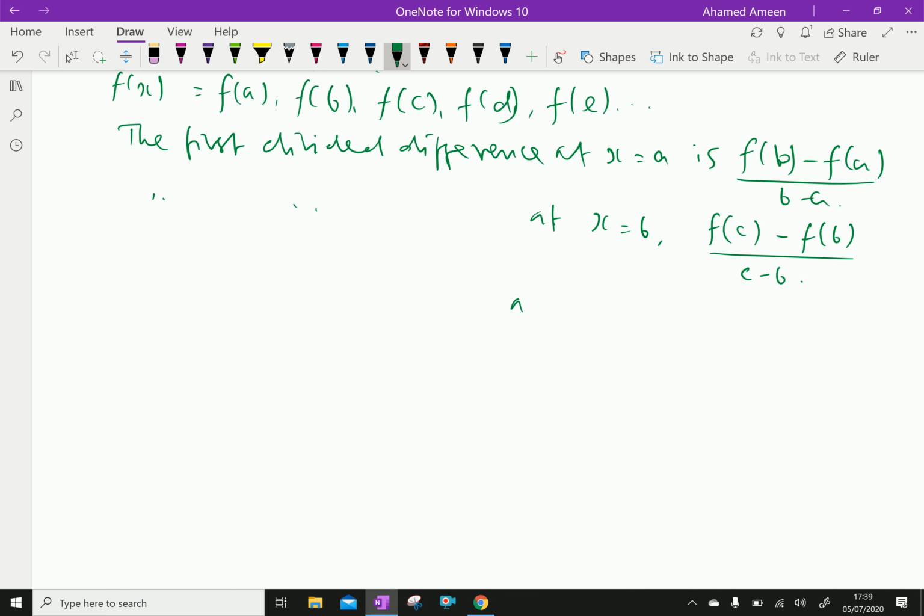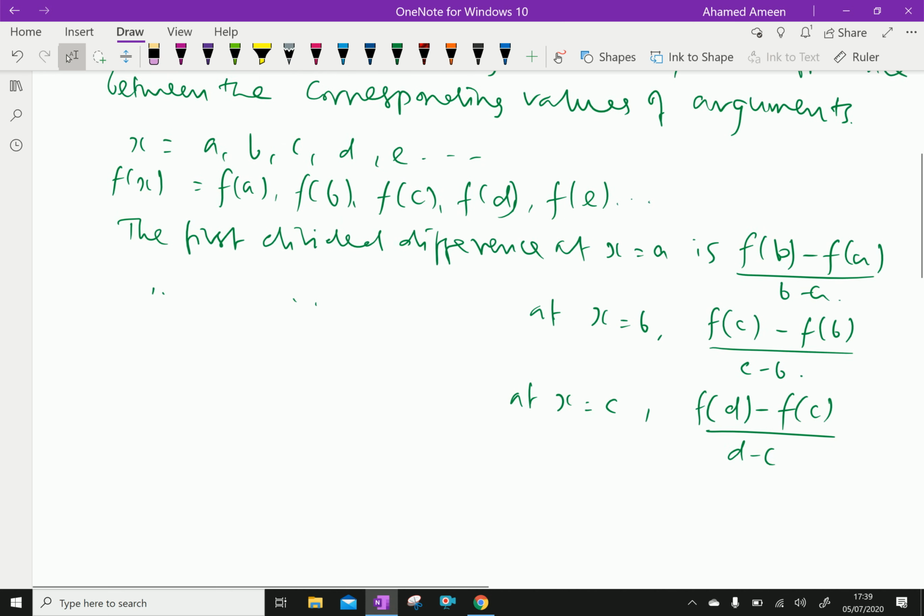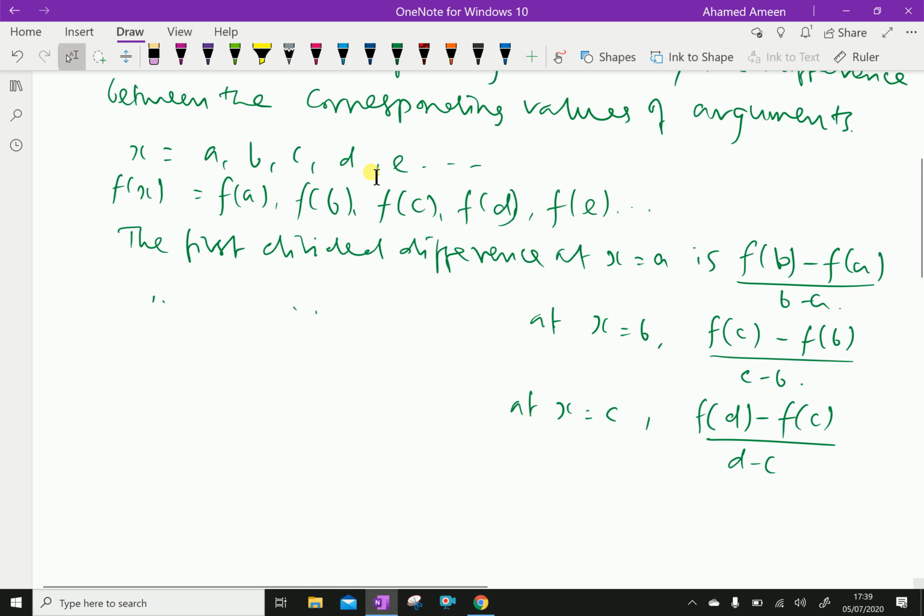Similarly at x equal to c it is f of d minus f of c over d minus c. Here the values a, b, c, d, e are not necessarily at equal intervals. They may be at unequal intervals.